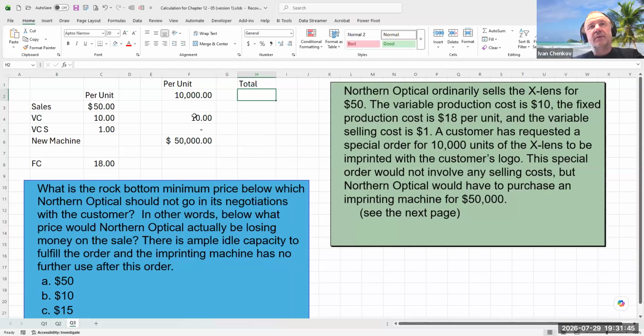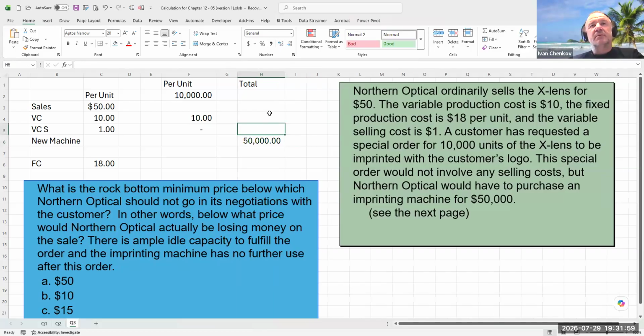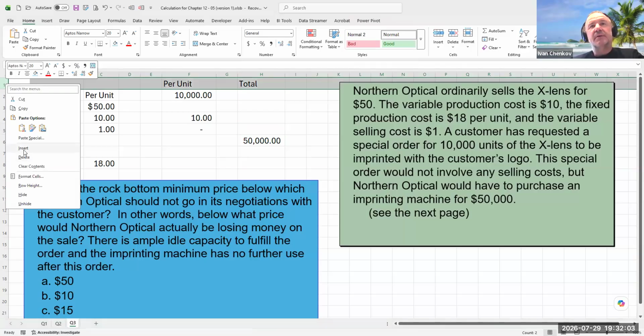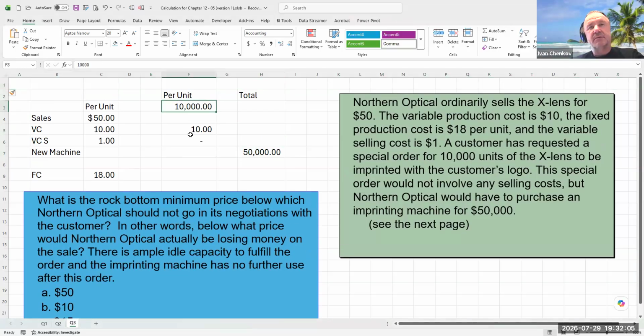Per unit, we have a variable cost of $10, and in total, we need to spend $50,000 on this special equipment that we have to purchase. Why are we purchasing it? Because we're producing 10,000 units. That's our total production, 10,000 units.